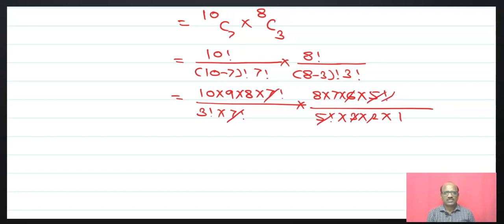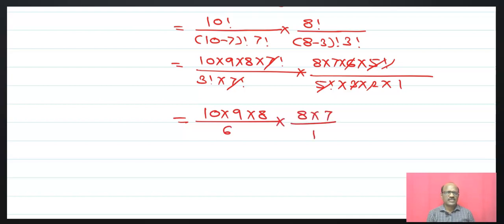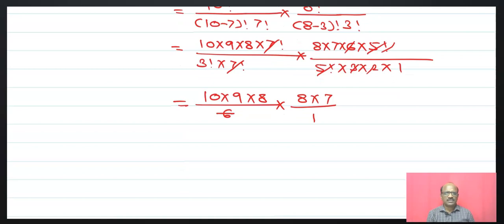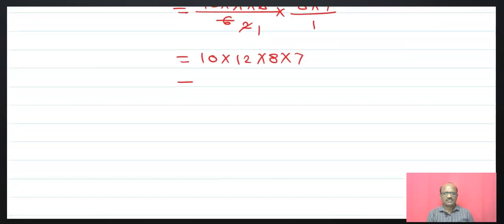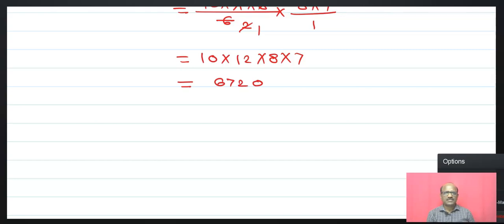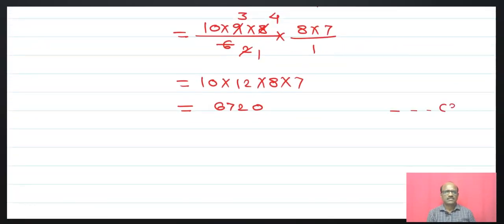These are the calculations. Ten into 9 into 8 upon 6, 8 into 7 upon 1. Therefore, 10 into 12 into 8 into 7, and you will get 6,720. This is the third one.